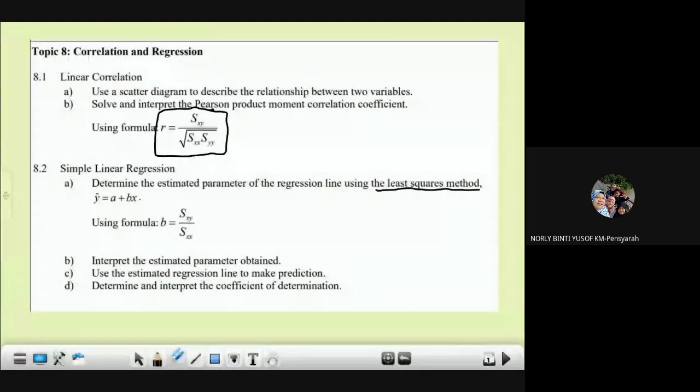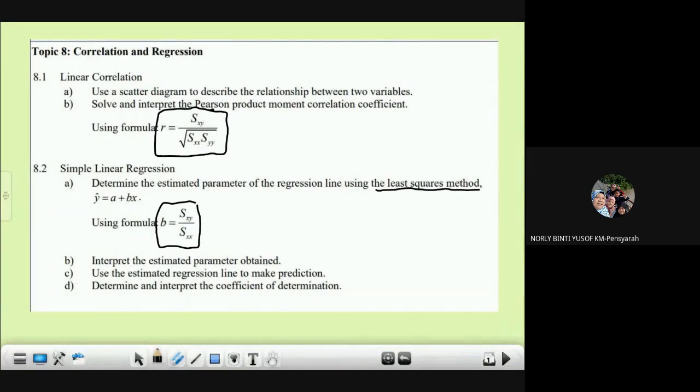So sama nak cari b tu kalau dalam straight line kan you punya gradient kan, tapi ni b adalah regression you nak cari, nanti formula dia adalah Sxy divide by Sxx. So yang kedua learning outcome 8.2b, interpret the estimated parameter obtained. So nanti bila you kira dalam chapter 8, selain daripada you kira masuk dalam formula, you kena ingat ayat dalam common yang you kena tahu tulis macam mana tulis ayat common tu.